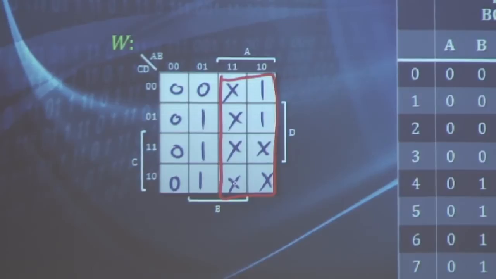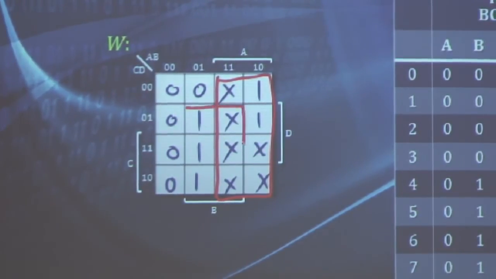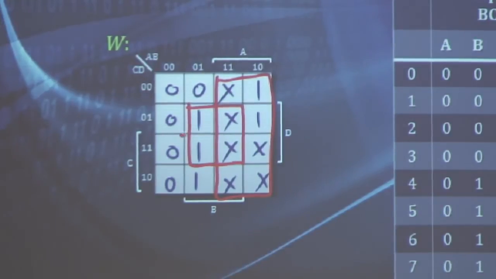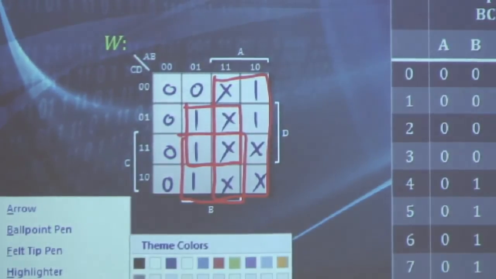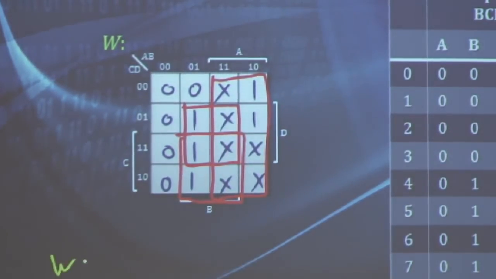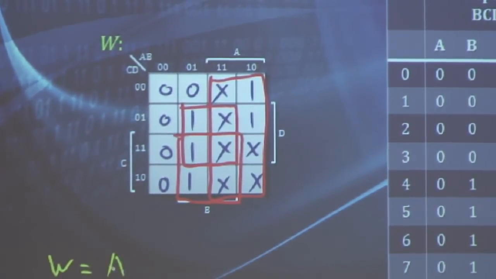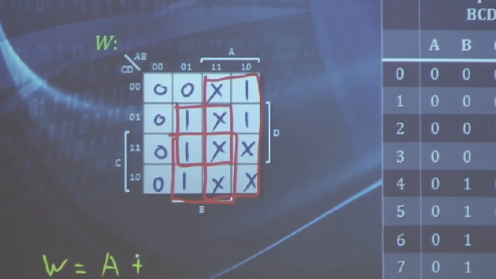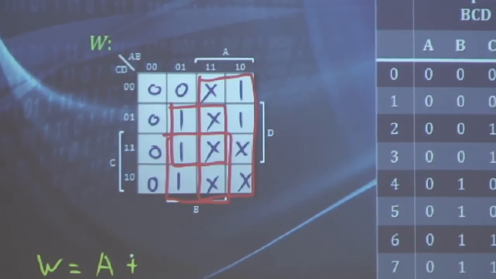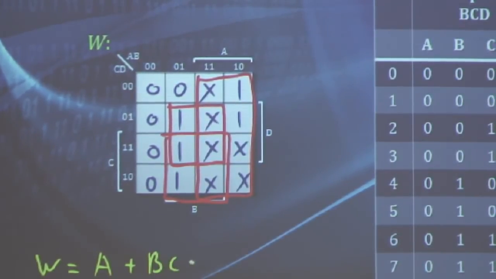There's no way for me to do a group of 8 for these ones, so I will use 2 groups of 4 for these ones. And then I can read the values. So W, I will start with the largest group, which is just A. Or this group here, which is BC.